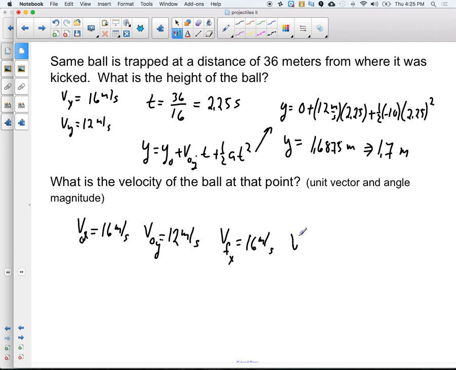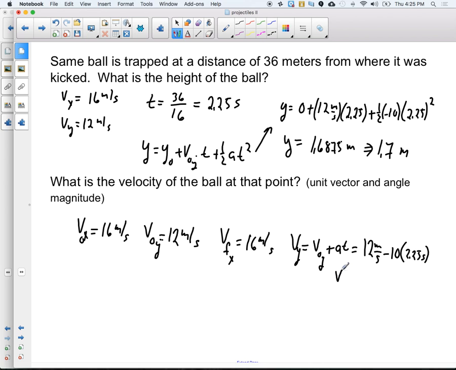But the final velocity in the y direction is going to be the initial velocity in the y direction plus at, and that looks like 12 meters per second minus 10 times 2.25 seconds.